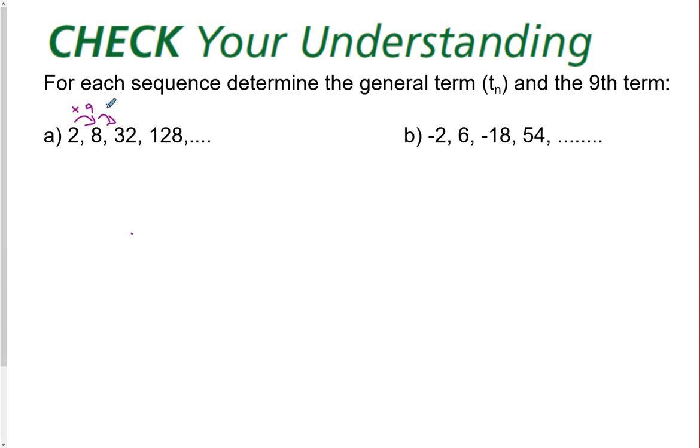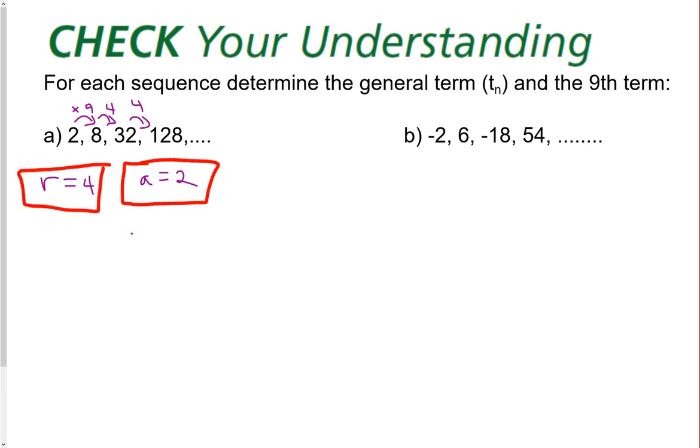And if I did my 4th term divided by my 3rd term, I get 4. My 3rd term divided by my 2nd term, I get 4. So my R value, my common ratio, is going to be 4 for this. My starting value is going to be 2. And since these are going up, my sequence is increasing. It's going to make this a lot easier because I don't have to work with any fractions, which is nice.